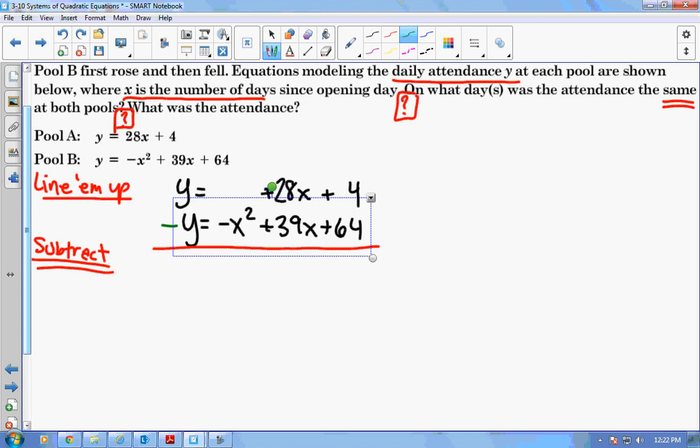So the signs will all change. If I subtract a negative x squared, it becomes a positive x squared. If I subtract 39x, it becomes a negative 39x. If I subtract 64, it becomes negative. So we're going to go column by column.